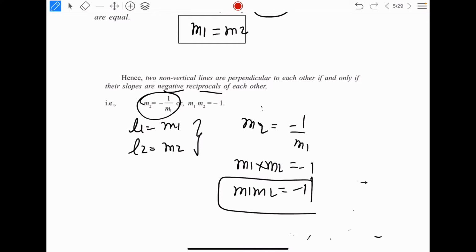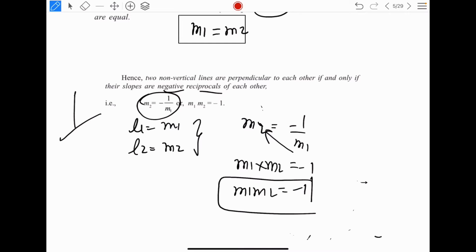So if two lines are perpendicular to each other like this, their slopes are negative reciprocals of each other. That means M2 is equal to minus 1 upon M1, or M1 M2 is equal to minus 1. Negative means minus and reciprocal means 1 upon. If the first line's slope is M1, the reciprocal will be 1 upon M1, and with a negative sign, that is M2.